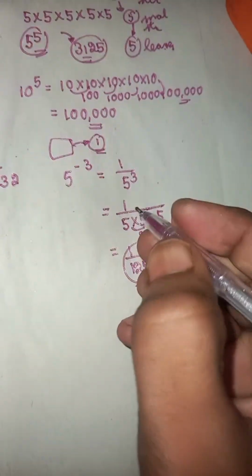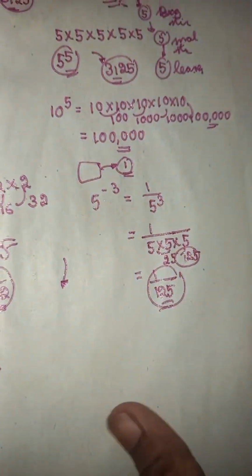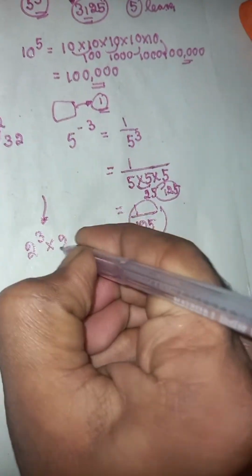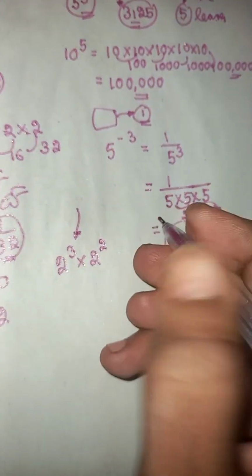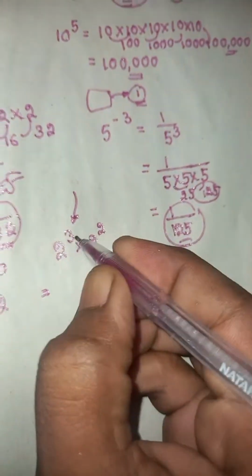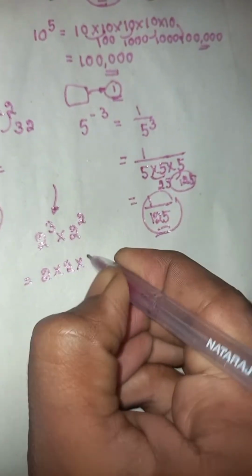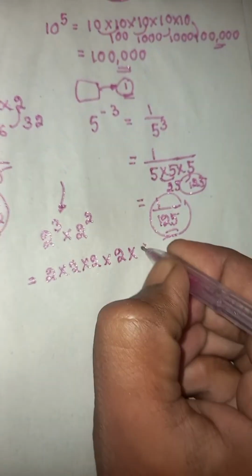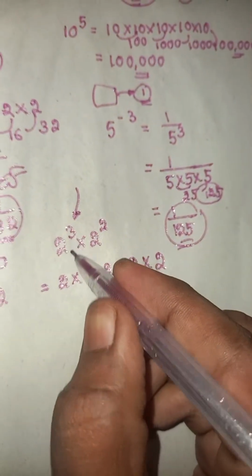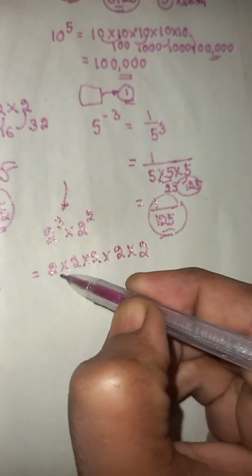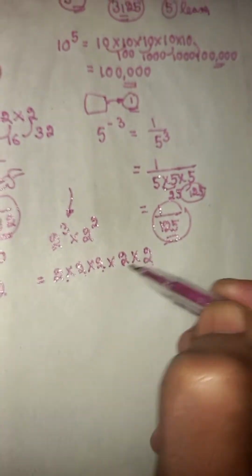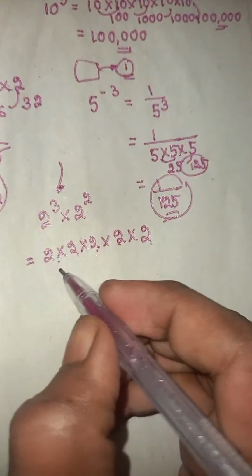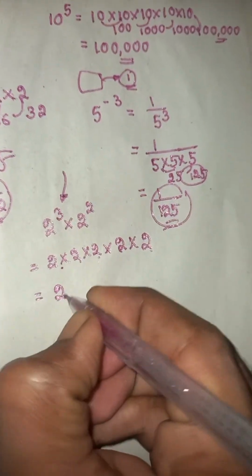Now we are going to see how to multiply exponents. 2 cubed times 2 squared. What is the value of this? You multiply 2 three times, then again multiply 2 two times. Finally you multiply it out as 1, 2, 3, 4, 5, which is nothing but 2 to the power of 5.